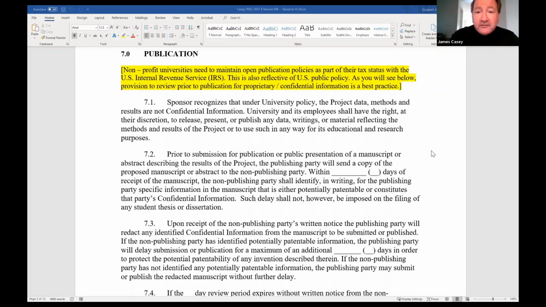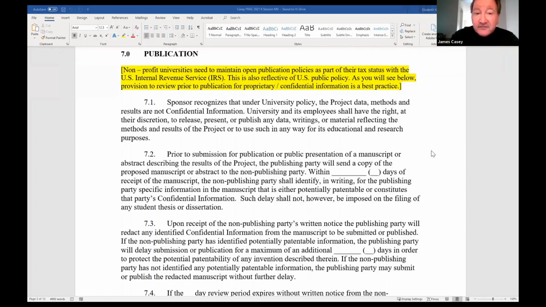So there is nothing wrong with previewing a draft publication to make sure a company's proprietary or confidential information is not being shared.